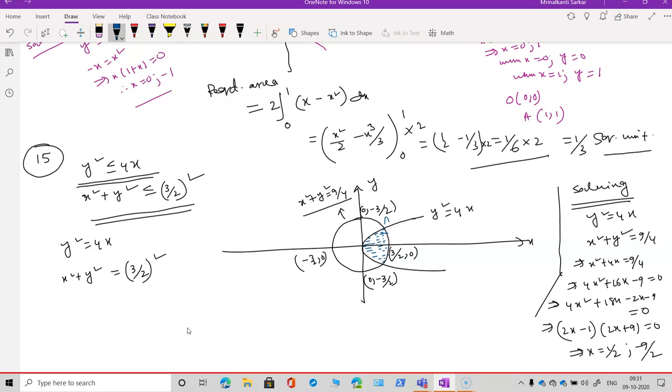Now, two curves are symmetric about x-axis. We will take the advantage of this thing. When x is equal to half, y square equal to 4 into half. So y equal to plus minus root 2. So I will be taking this point A as half comma root 2 and this point B as half comma minus root 2.